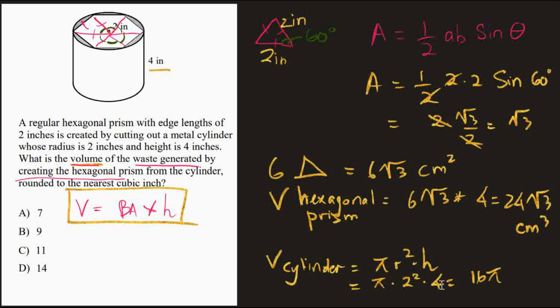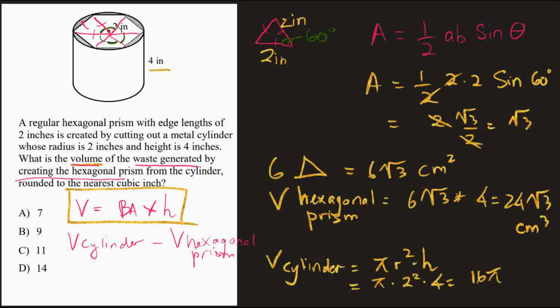Now we have to subtract the volume of the cylinder minus the volume of the hexagonal prism.